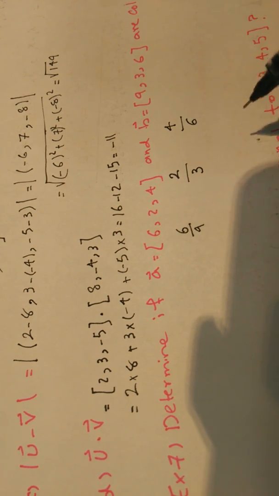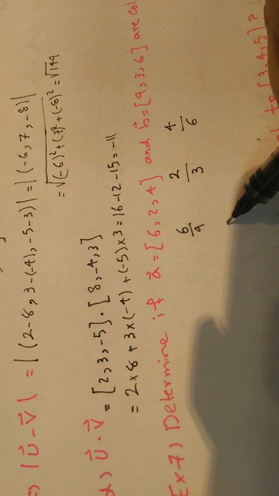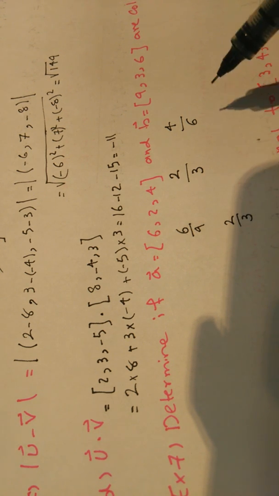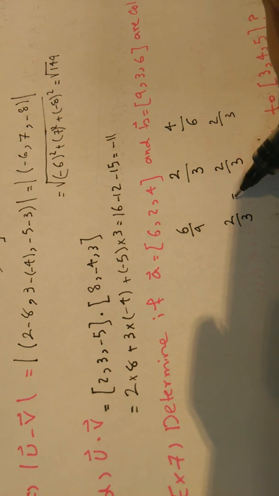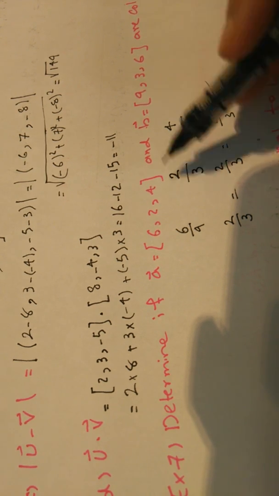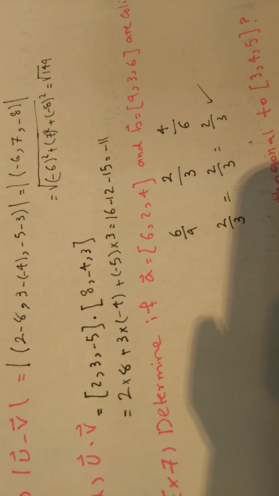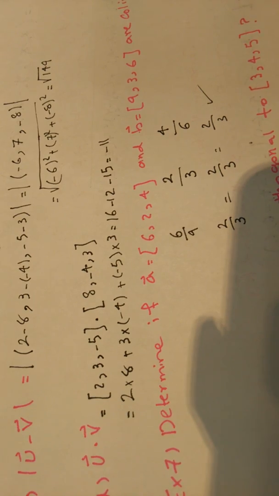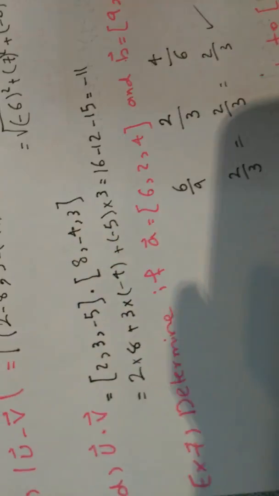I want to see if their ratio are the same or not. So to simplify, divide by 3 is going to be 2 over 3. This is 2 over 3, and divide by 2 is going to be 2 over 3. So they are the same. So therefore, these two vectors are colinear. There is another way, just using the dot product between these two vectors, finding the angle between these two. And if the angle is 0 or 180, they are colinear.